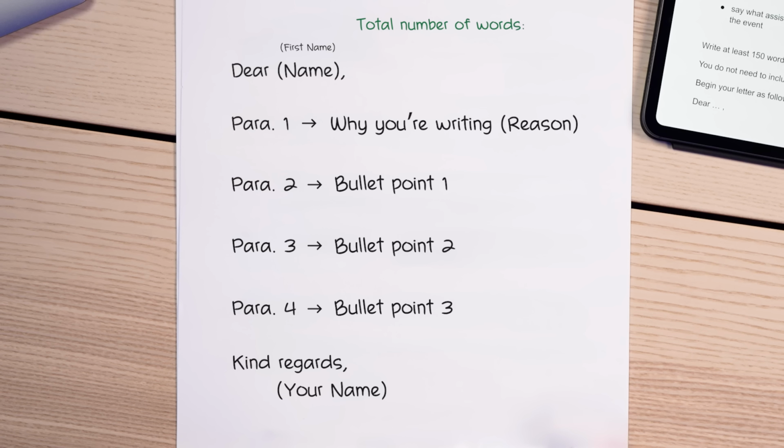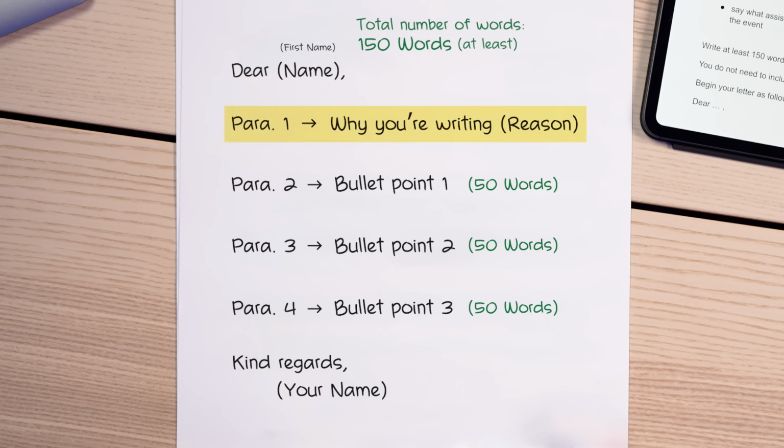In terms of number of words, you need to write at least 150 words. So what we tend to do is this should be about 50, this should be about 50, this should be about 50, and this one is quite shorter. It's normally like 10 to 20 words, something like that. Now, you're not going to count the number of words, because you just don't have time.